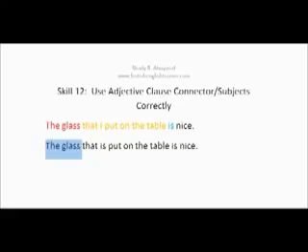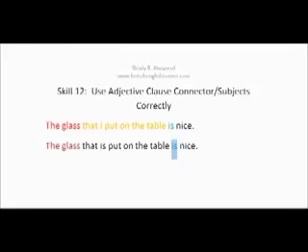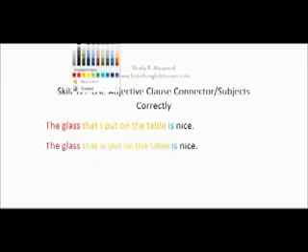That's a subject. Let's give it red color. Fantastic. And is, that's a verb, and let's give it the right color here. Well, that's great. So I've got the glass is nice, and that is put on the table is what we call an adjective clause, and let me give it a color here.